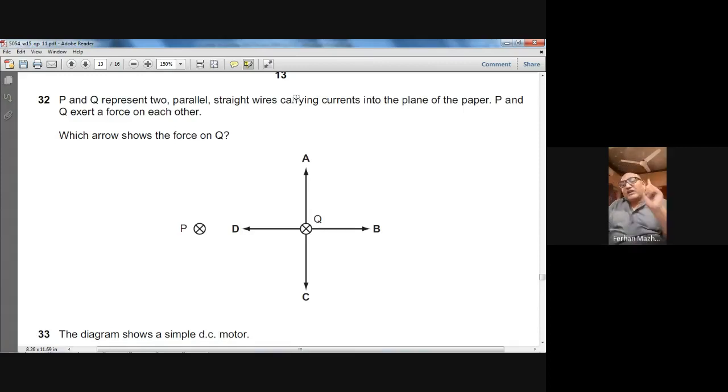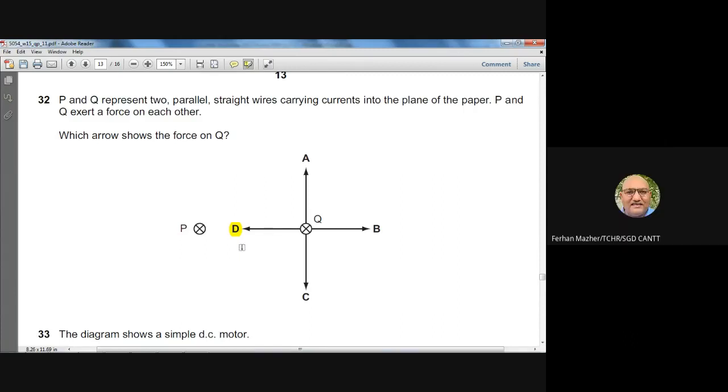Since the direction of the current in both is the same, they will attract each other. So Q should be attracted towards P. The force on Q should be towards P, so D is the best option.